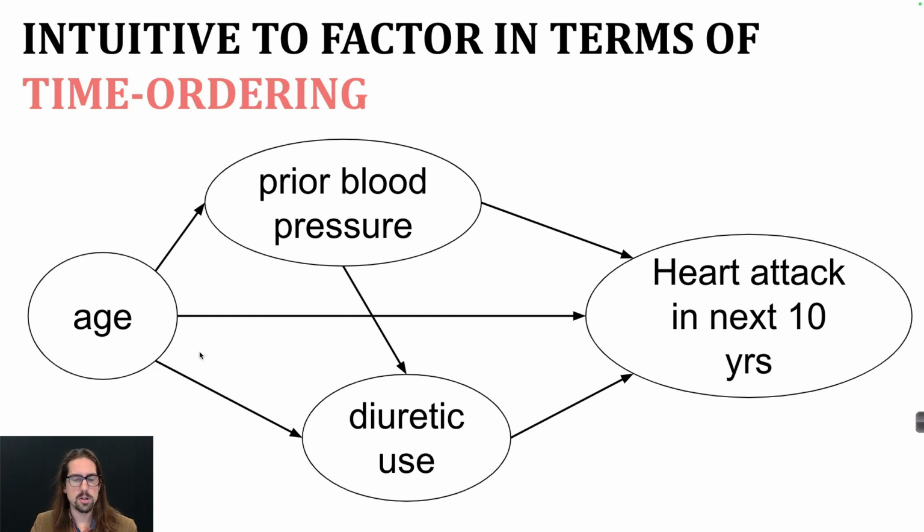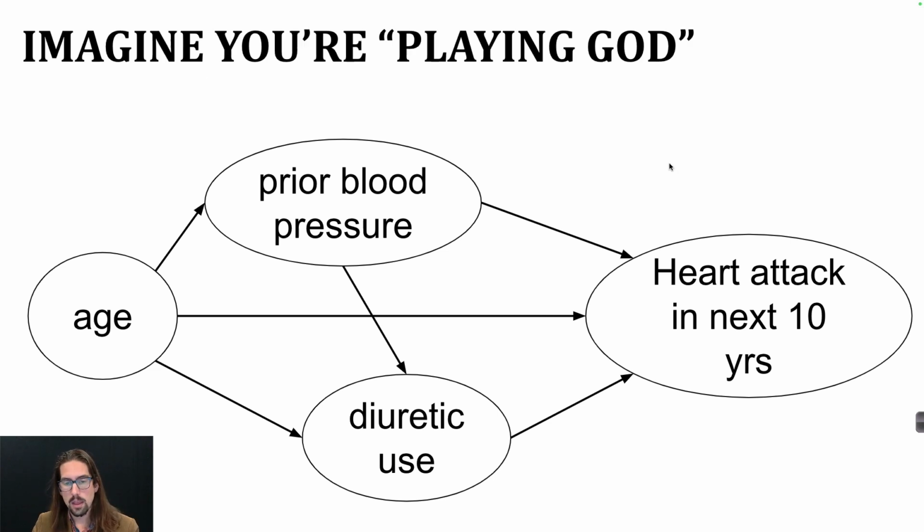Then blood pressure and age determine diuretic use, and all of these go into heart attack. By time ordering, I just mean that diuretic use does not impact the prior blood pressure. These are variables measured at baseline, so this is not impacting prior blood pressure, nor is diuretic use impacting somebody's age. So this is just one way that you could lay out a DAG for these variables.